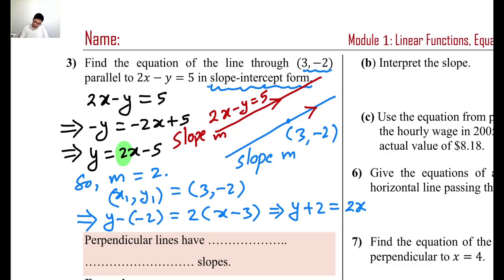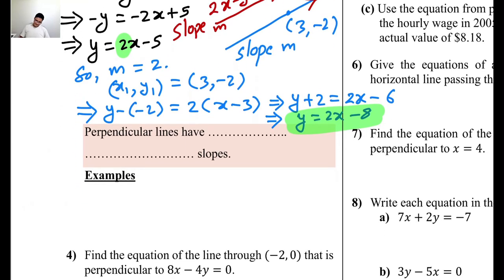Oh no, not one step. We have to get it in the slope intercept form, right? Currently it is in the point slope form, so we need to expand it anyways. 6, and then y equals 2x plus 2 on the other side will be -2, so you get -8. That's your answer there. Okay, in the slope intercept form.